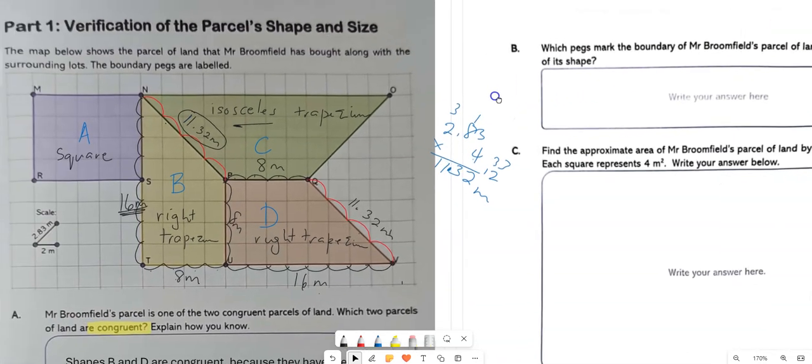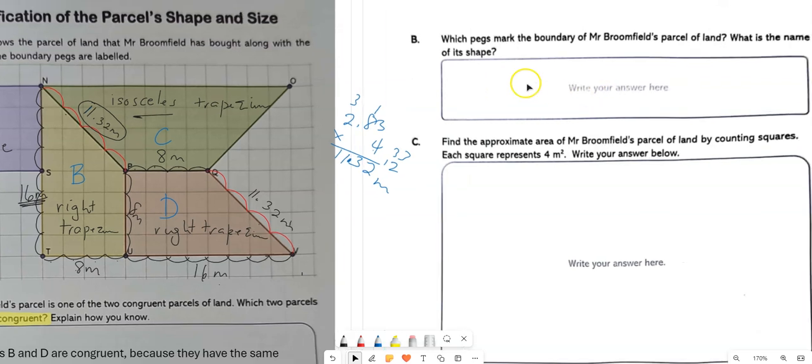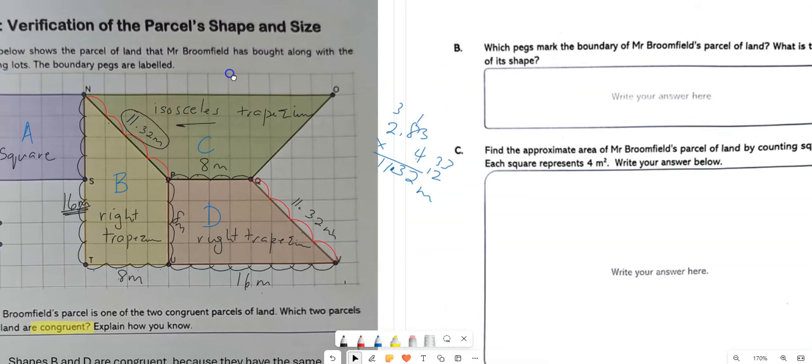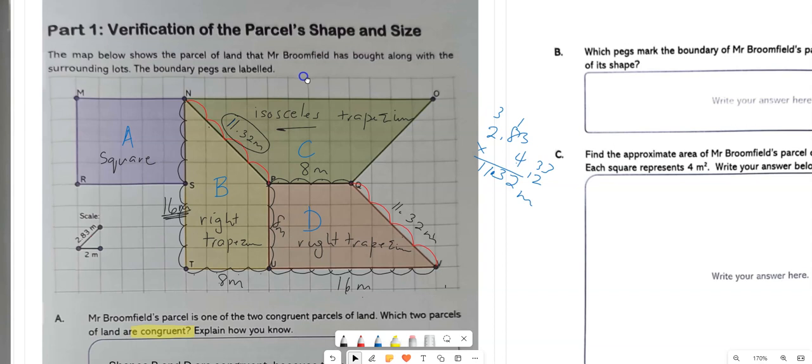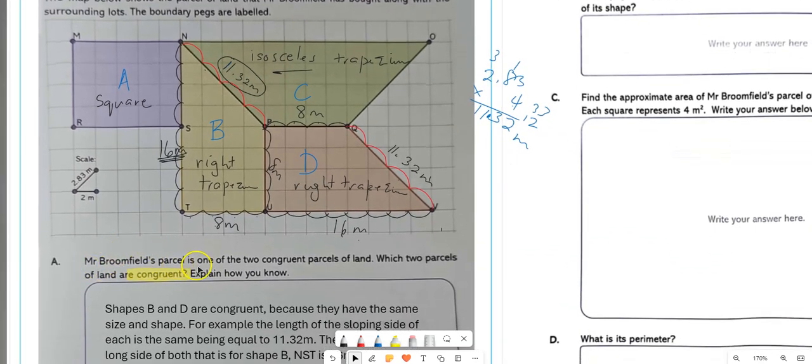Okay, so let us remember that Mr. Broomfield's parcel is one of the two congruent parcels of land. One of.